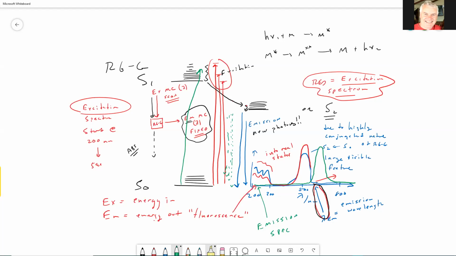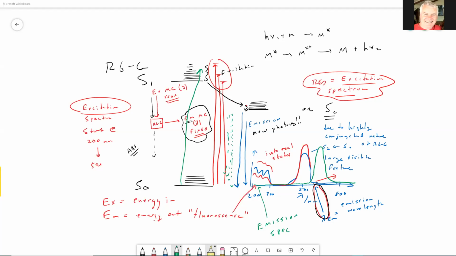So Leo, let me ask you a question about this. Is the emission wavelength longer or shorter than the excitation? It's longer. Yes, it's longer. Right.